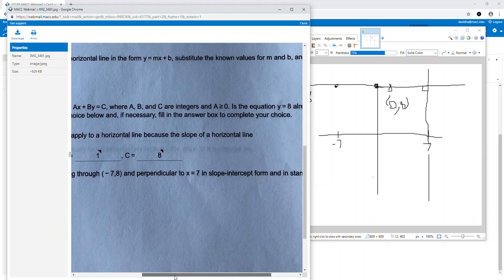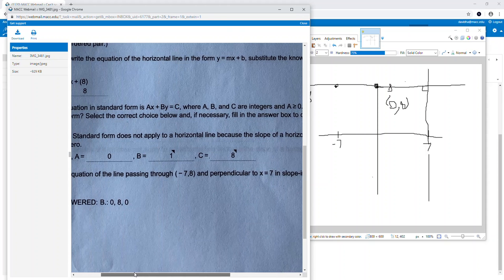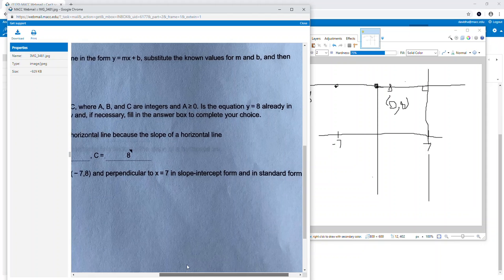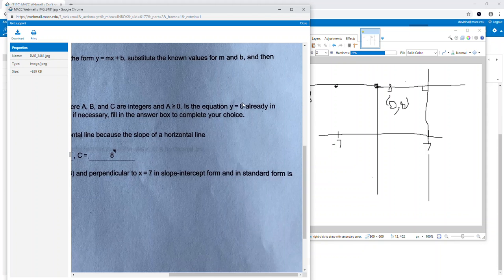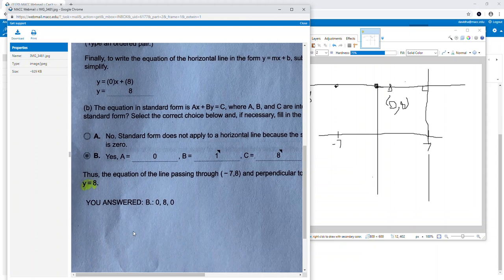Your a is whatever's in front of your x. There is no x, so that's why a is 0. Your b is whatever number's in front of your y, and since there isn't a number here, by default it's 1. And your c is the number on the right side, your constant term, which in our case would be 8. Okay, anyway, that's how you work that problem.